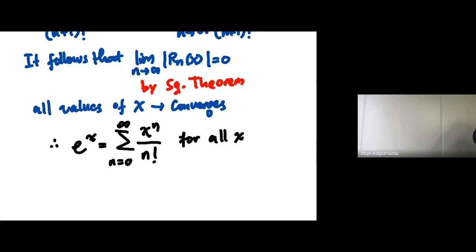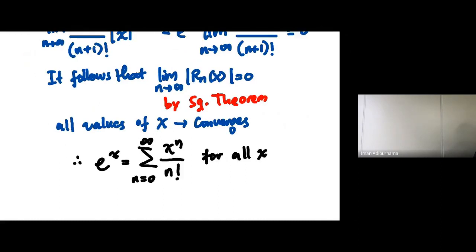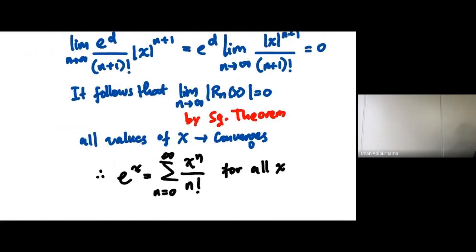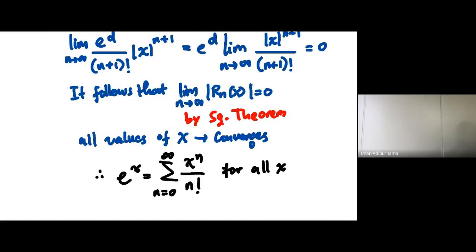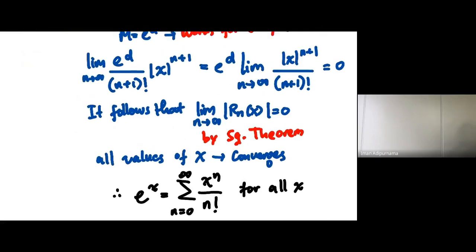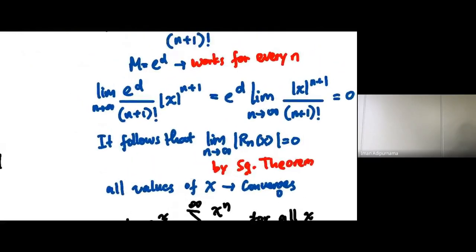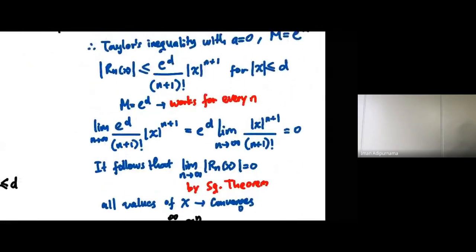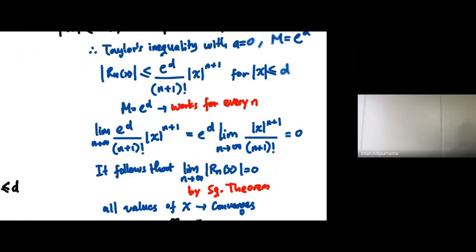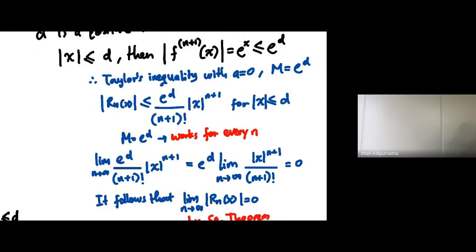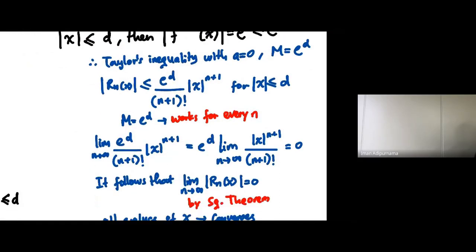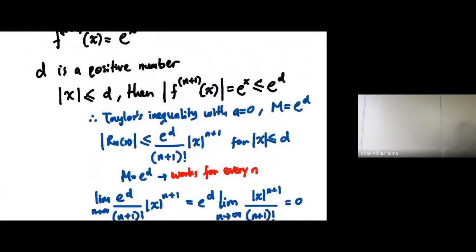Seems complicated, but this is how we are going to prove things in calculus or in math in general. So first, we need to define something, and if we are going to use some formula, for example in this case Taylor's inequality, we need to find the value of M. Which M?